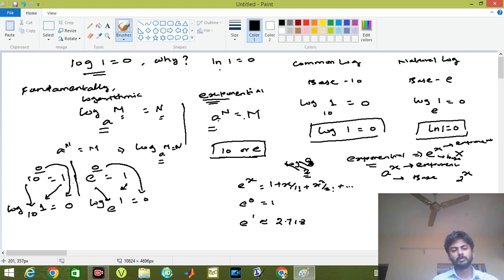Okay, so now we have shown that log 1 equal to 0, or natural log of 1 equal to 0, by using the fundamental result of logarithm.